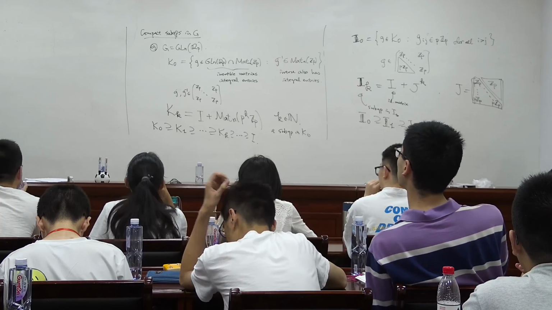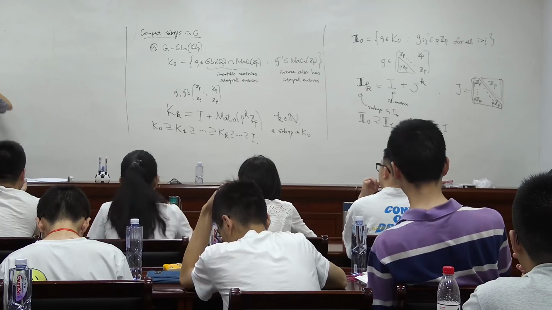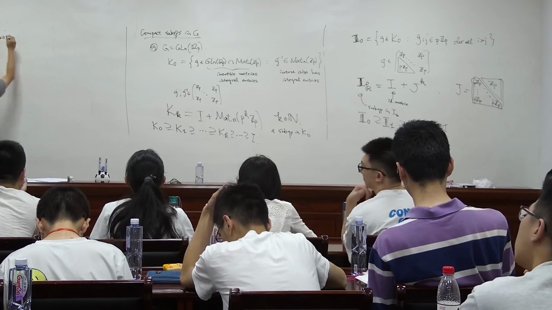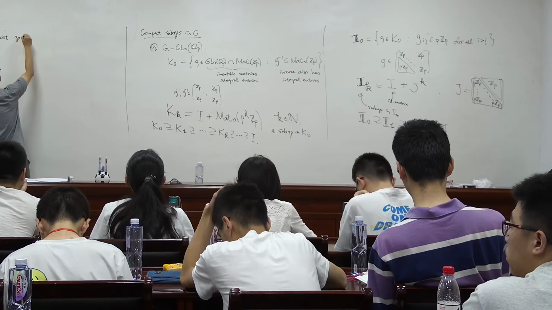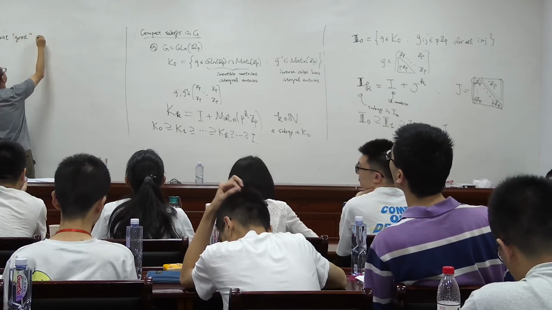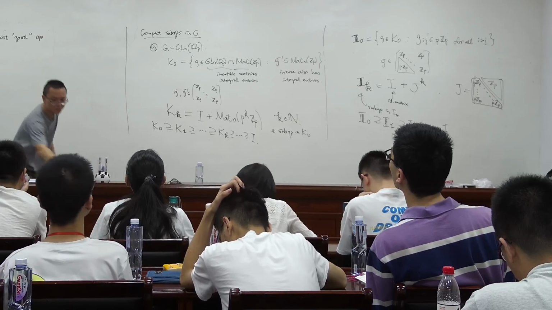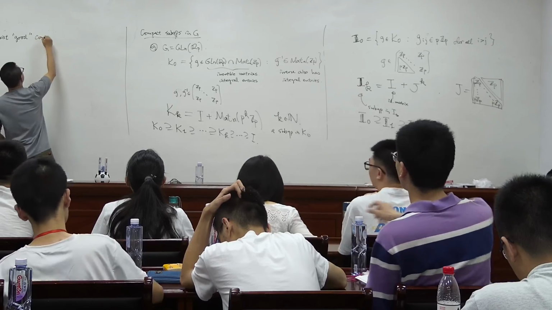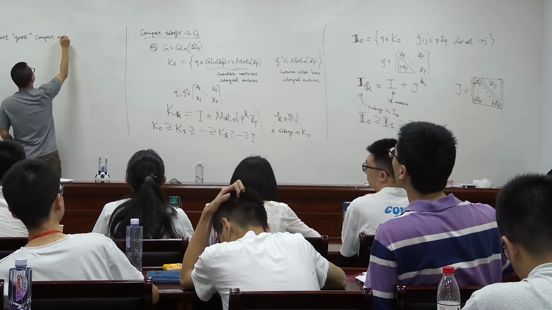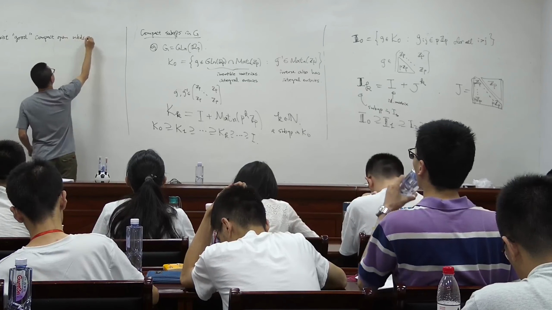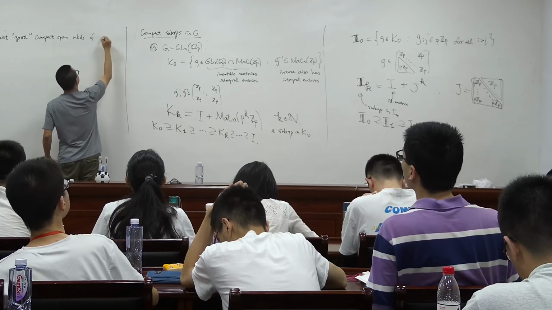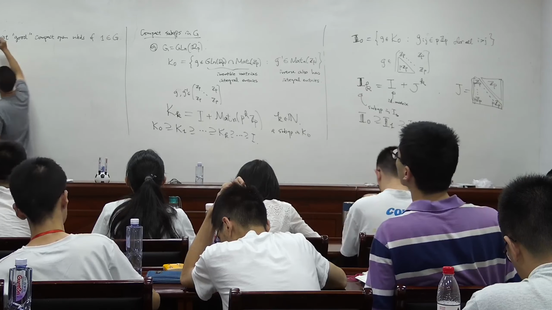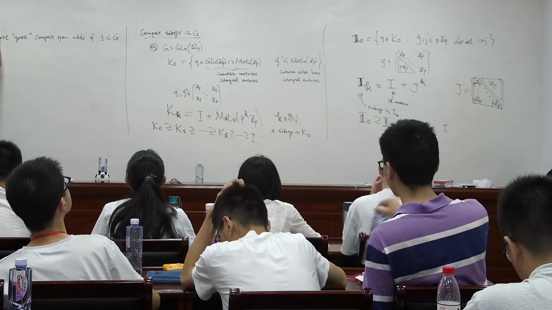So there exists some good compact open neighborhoods of the unit element in any reductive group G. So maybe I should say G is a reductive group.